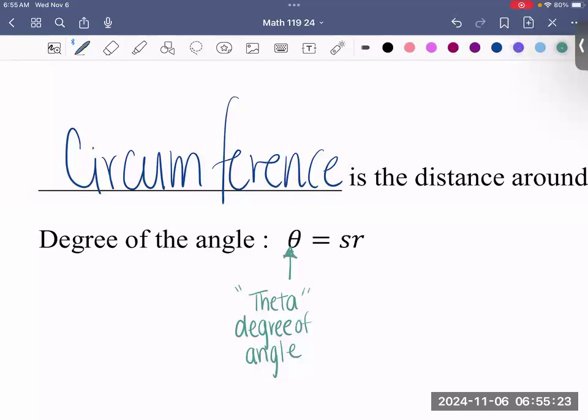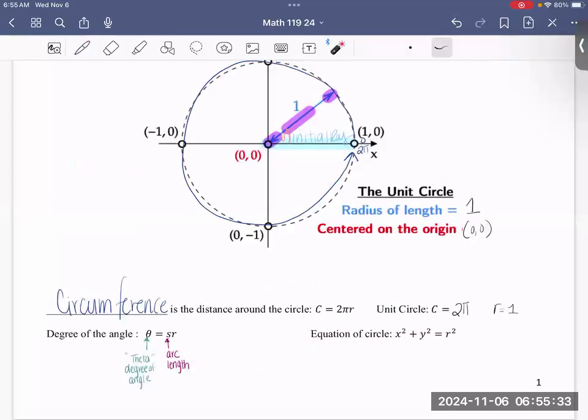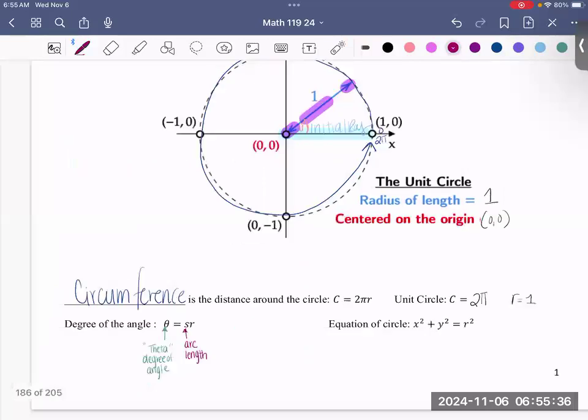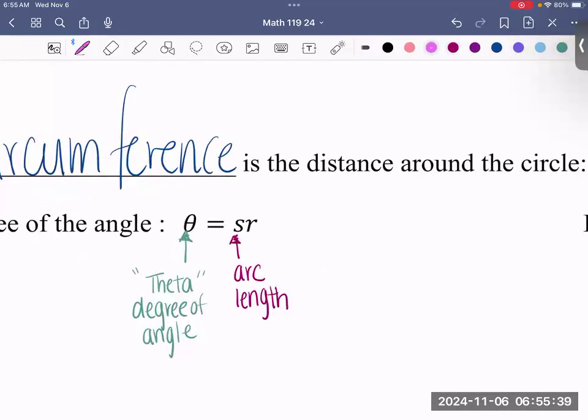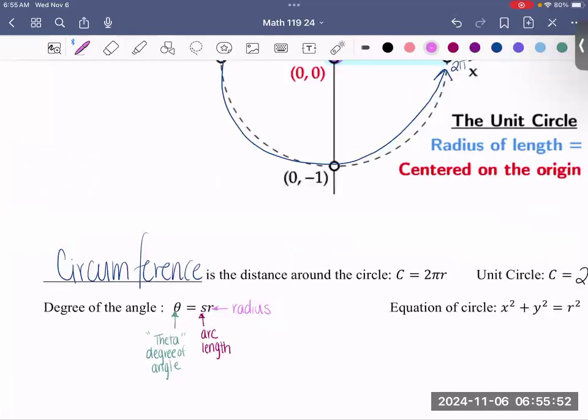S is arc length, like this arc over here, and r being your radius. I will not be asking you what the degree of the angle is, typically, at least not in this sort of capacity. We will be talking about it when it relates to your inverse trig down the road.